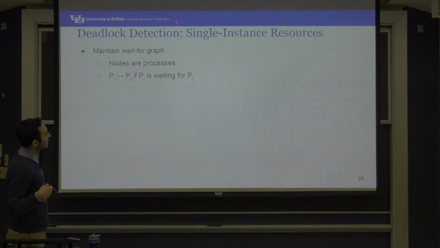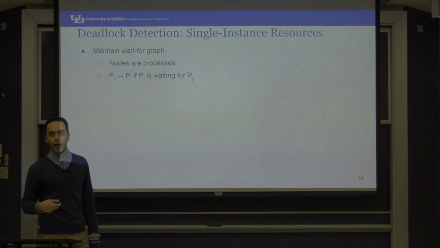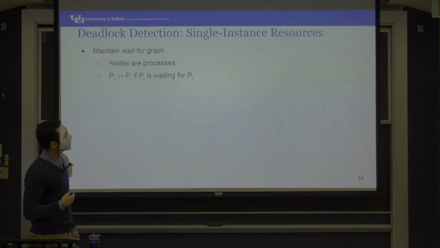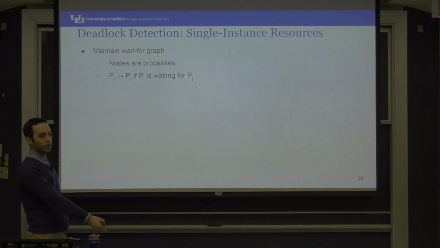So, for single instance resources, the wait-for graph is easy to draw and then handle. We start from the resource allocation graph, and then we remove the resources, and find if processes are waiting for processes, right?